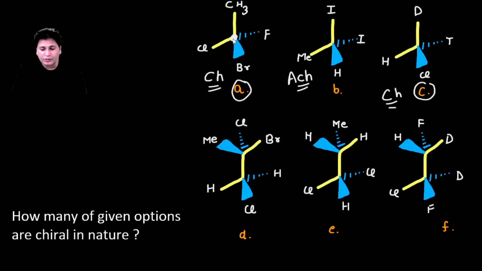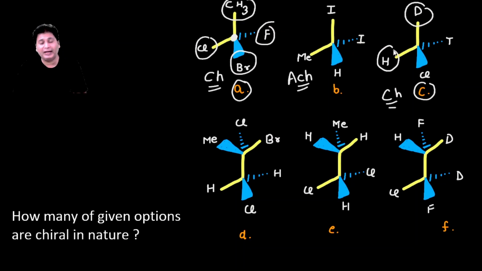The carbon, you understand, all the 4 groups are different. Here also, all the 4 groups are different, and isotopes are taken as different groups. So all the 4 groups are different, and only one chiral carbon is there. Both A and C had one chiral carbon, just one chiral carbon each.